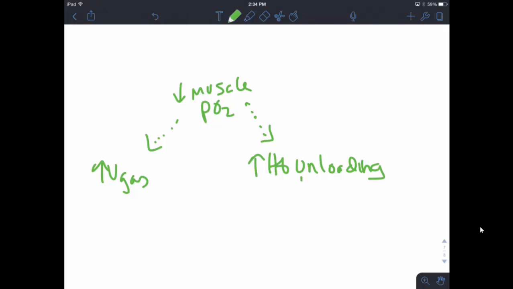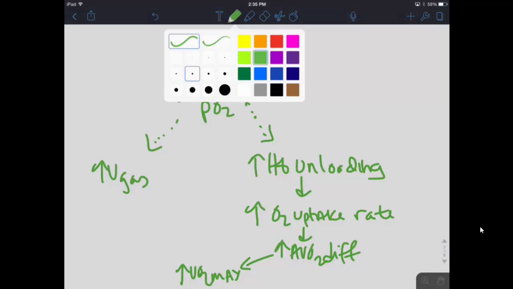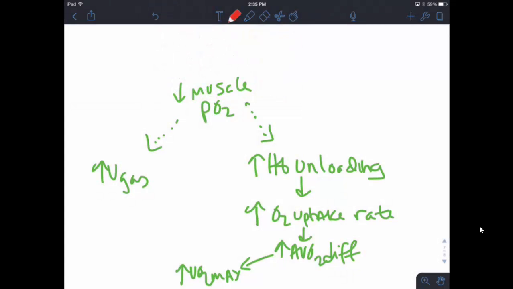And with greater hemoglobin unloading, we have a greater oxygen uptake rate. Greater VO2 difference, greater VO2max.